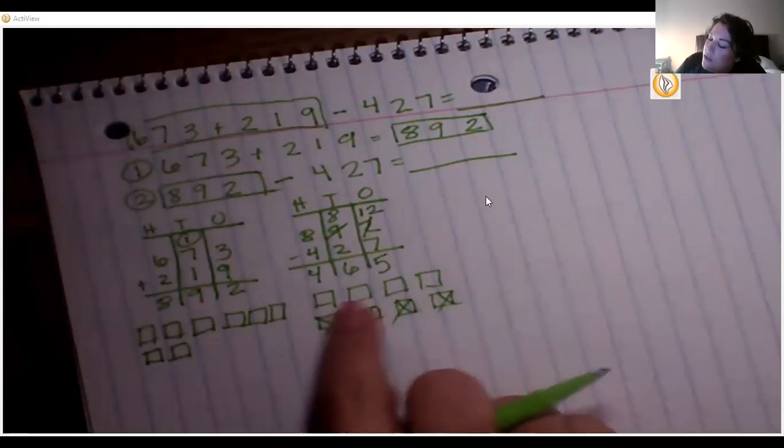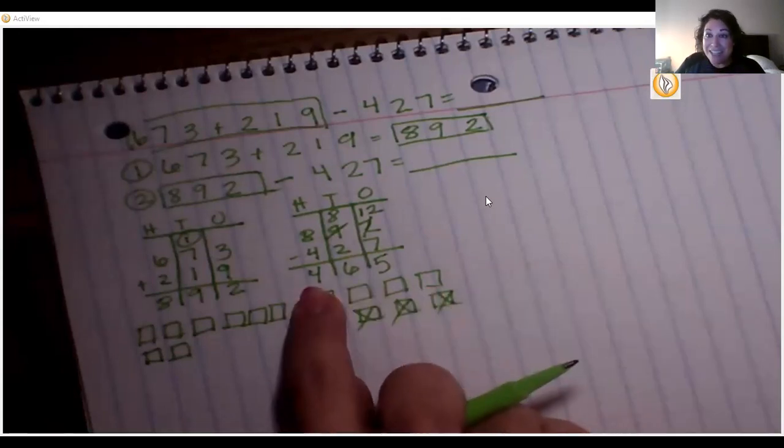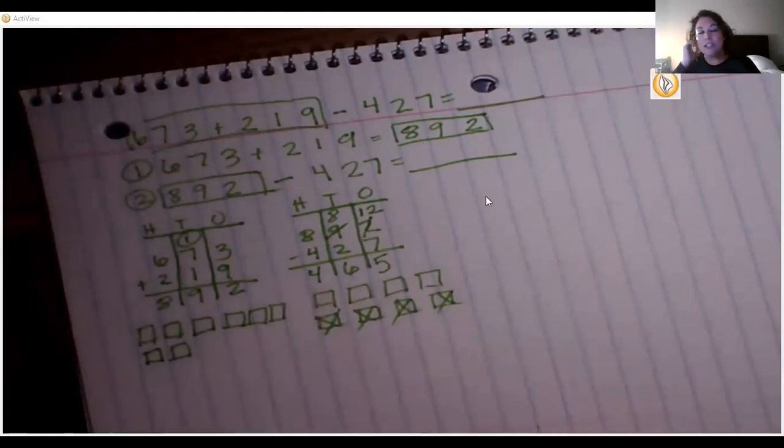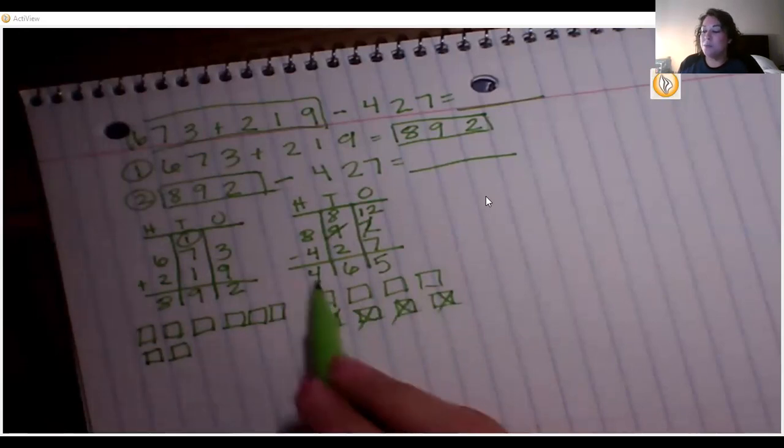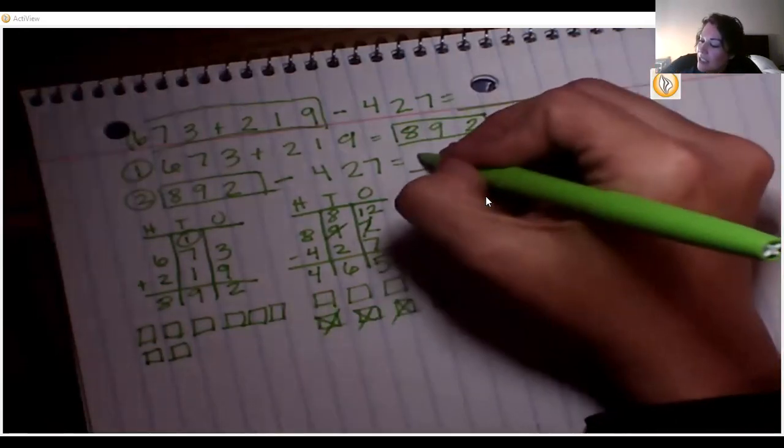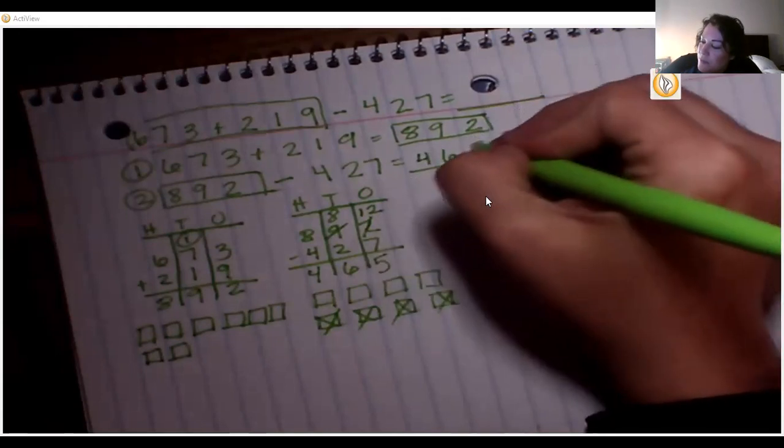Leaves me with 1, 2, 3, 4. And it matches perfectly. Remember, it's okay if it's 1 away, but you don't want it more than 1 away. So if I had 5, I would probably be on the right track also, or even 3. But since it matches perfectly and I have 4, I know I did this problem correctly.